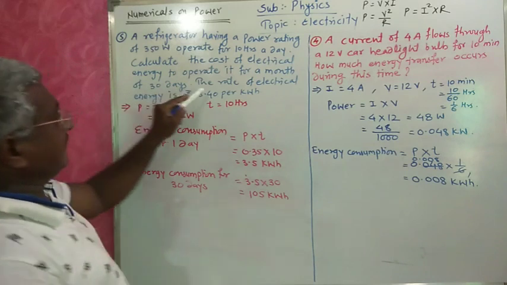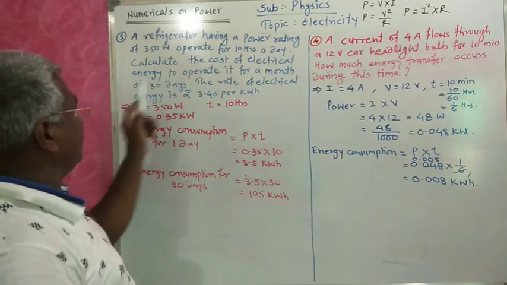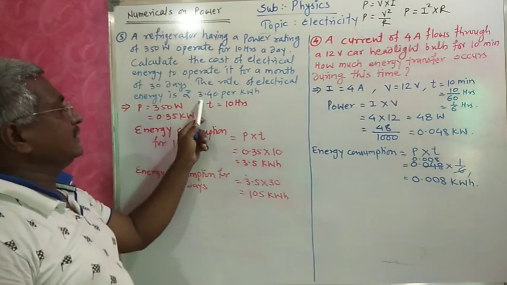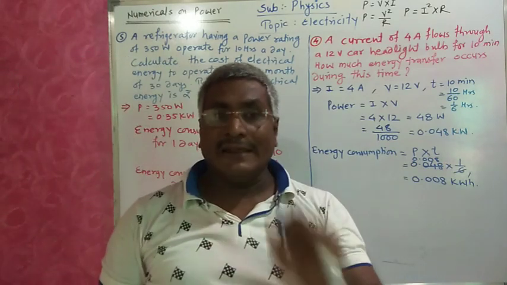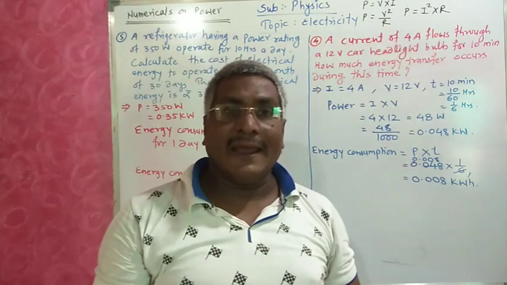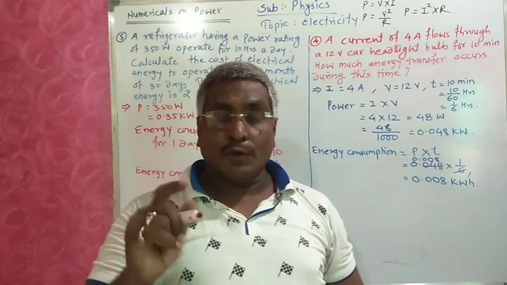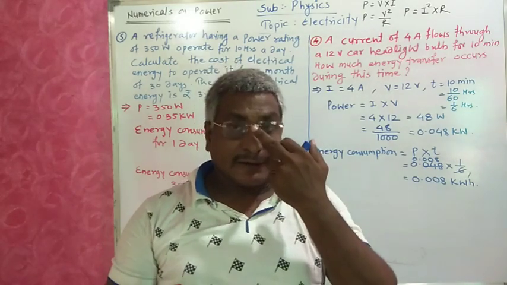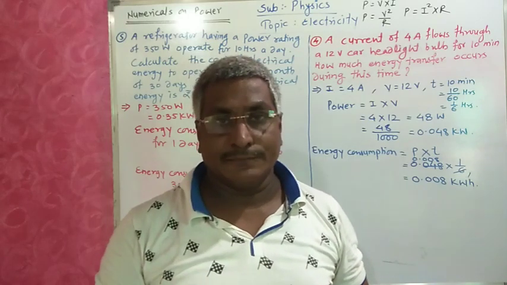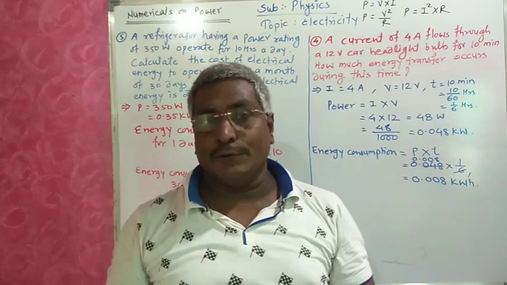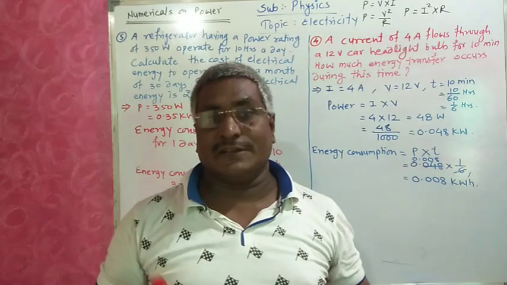Now your rate is given. Rate of electrical energy is rupees 3.40 per kilowatt hour. In every electricity bill, on the back, you will get the rate of energy consumption. 0 to 100 units, 100 to 200 units, different charges are given.